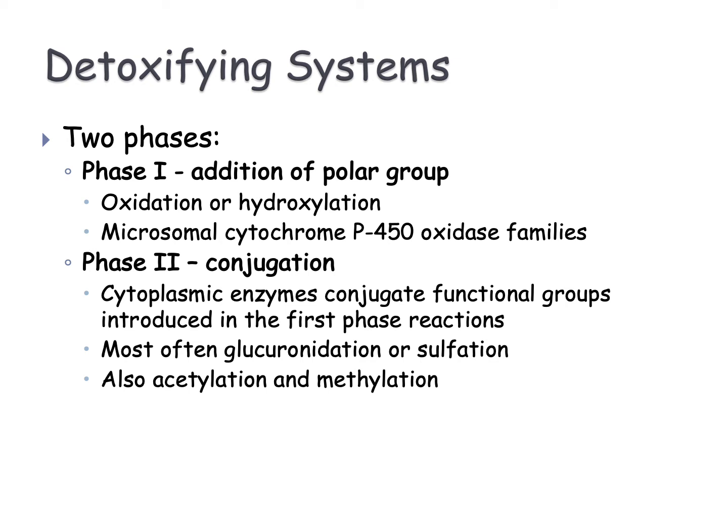to modify compounds and make them more water soluble. Also, we can get conjugation where different functional groups are added. Again, these are often very soluble molecules that make the drug more easily secreted through the kidneys.